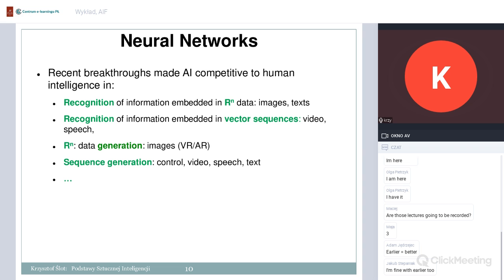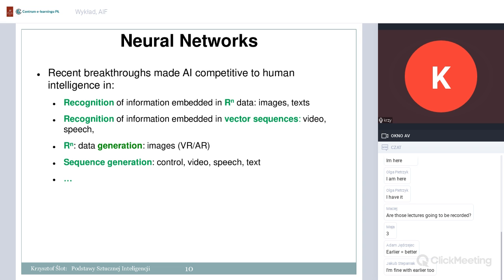Also, we have recognition of information embedded in sequences of vectors. Like we can recognize actions in video. We can recognize speech. We can translate speech. We can convert text to speech, speech to text, and so forth. Neural networks also enable generation of data.